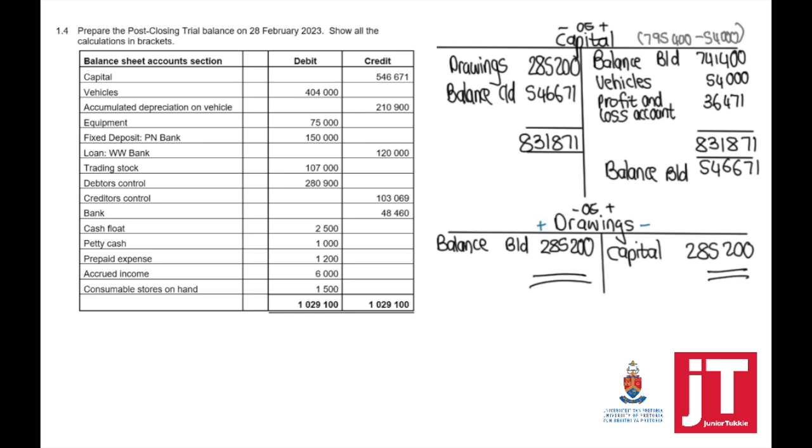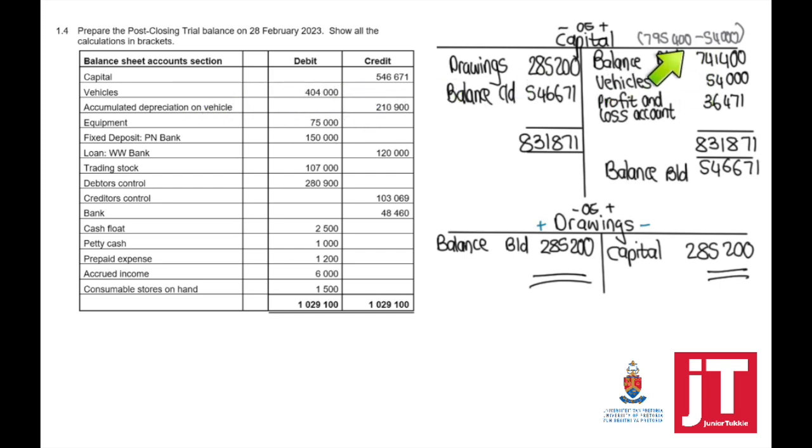To complete now the last question, 1.4, the post-closing trial balance. My post-closing trial balance will have no nominal account section and it will have no drawings. Why? Because drawings is closed off to the capital account. So basically in this activity, the only change would have been the capital and there's no more drawings. Why with capital?